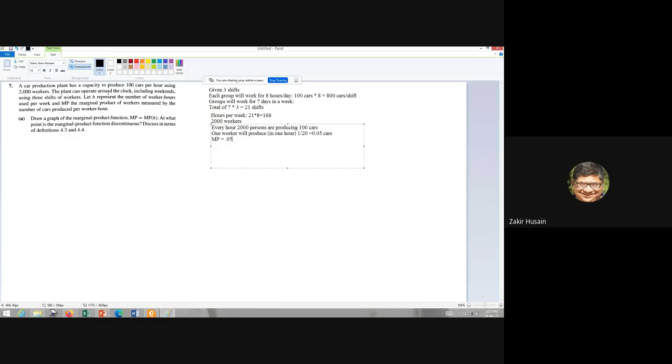So marginal product is that if you increase the number of workers, how much will output go up?